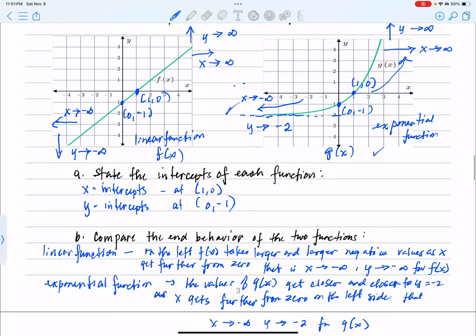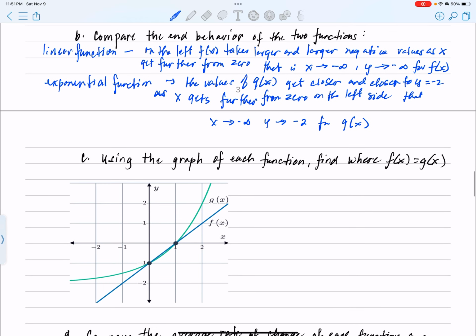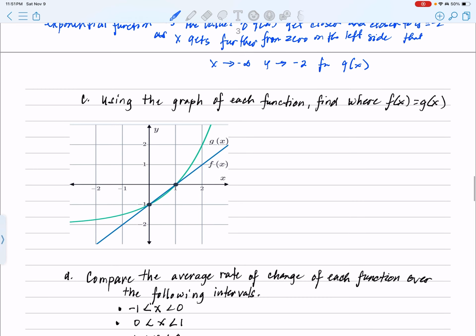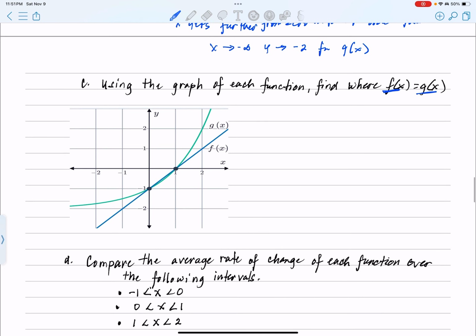Using the graph of each function, find where f of x would be equal to g of x. So if we're just transferring what's going on, if we do this in the calculator by graphing, this is what happened, and you can see how the graph looks in a calculator.